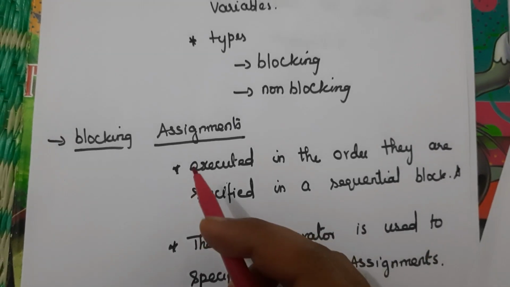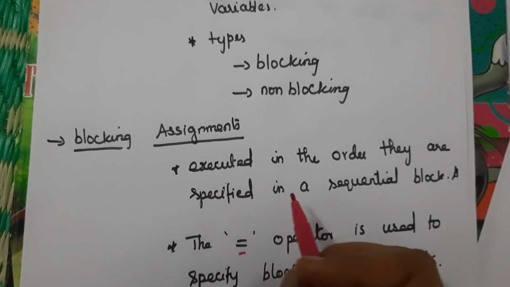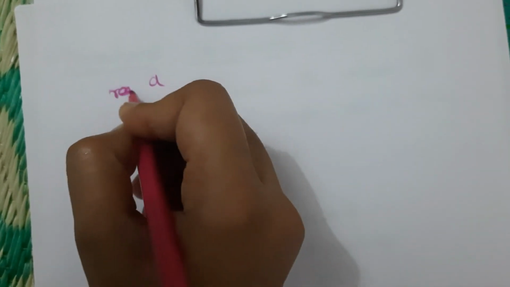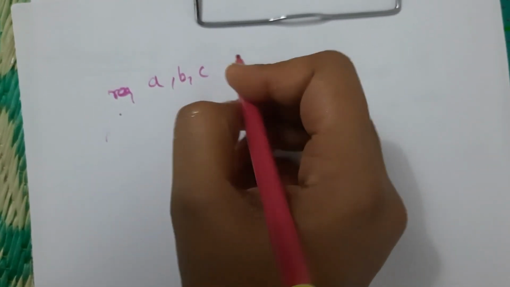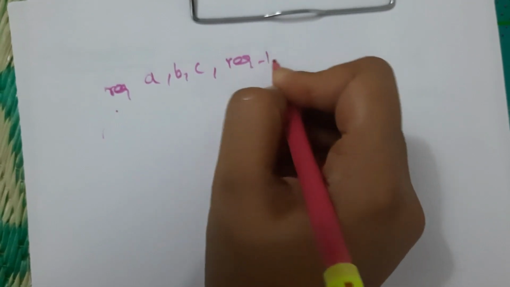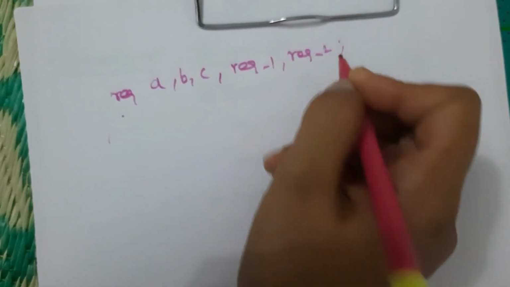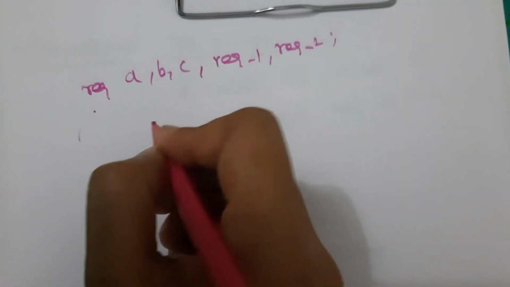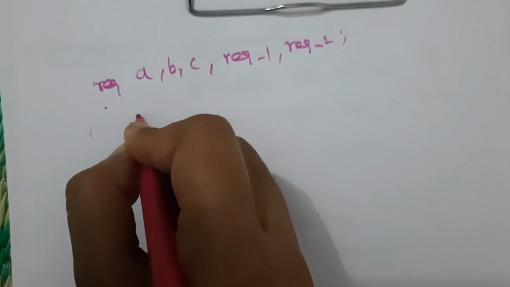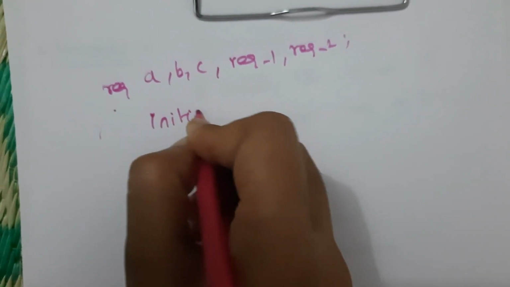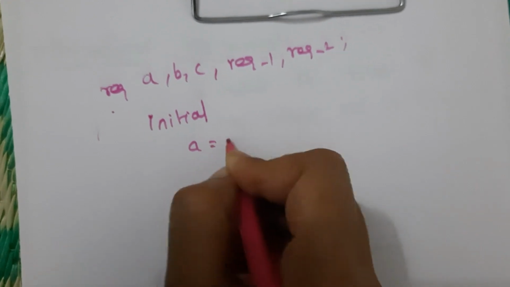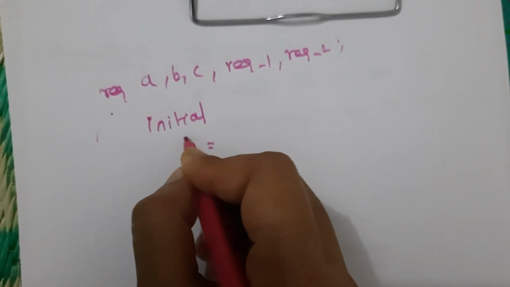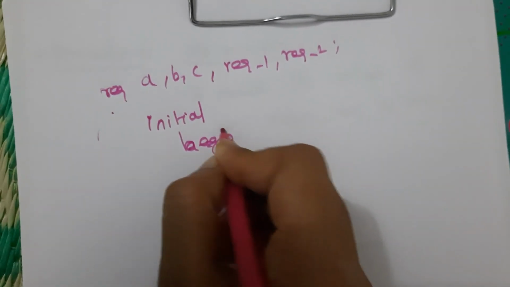Now we can see this blocking assignment using some example. For that we mention reg A, B, C, and also reg1 and reg2, for example. So here we start with an initial block. After writing initial we have to mention begin.